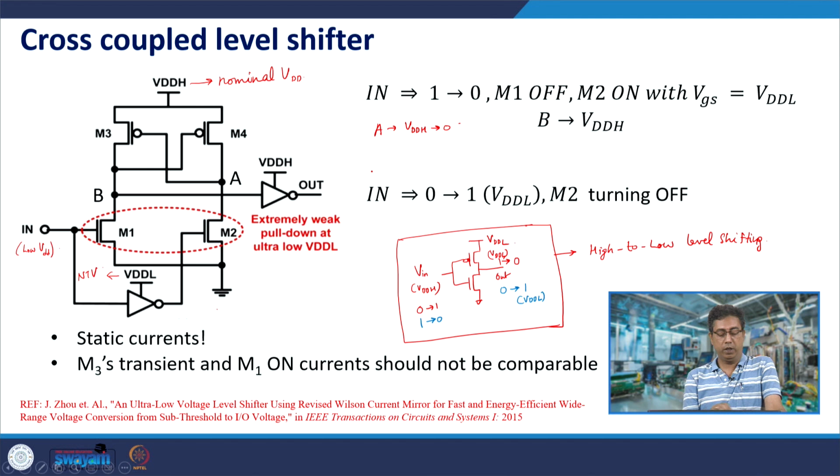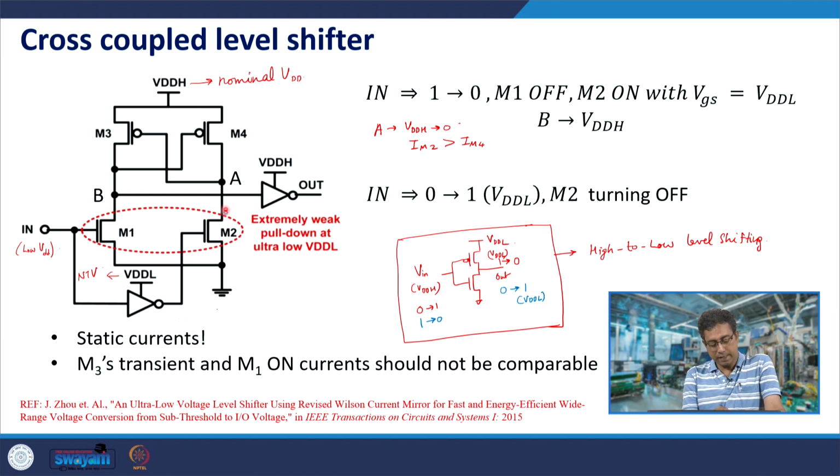That would require that the current through M2 should be larger than the current through M4, being the current through M4. That would require M4 to be off, but B is initially at a low voltage near 0, so M4 is initially on.